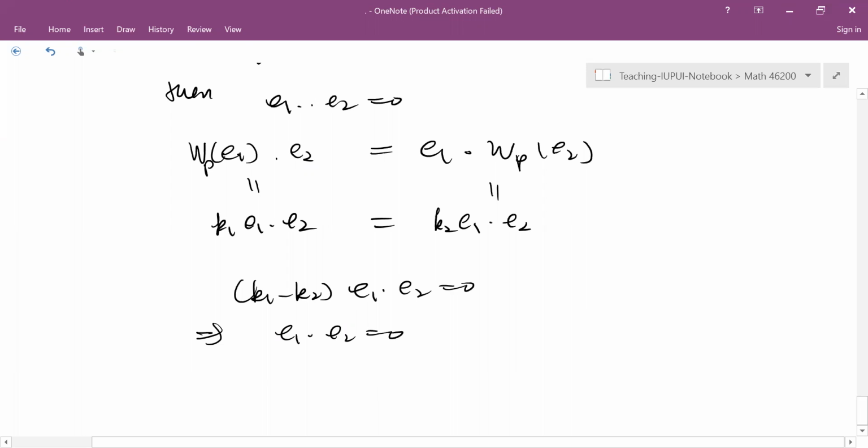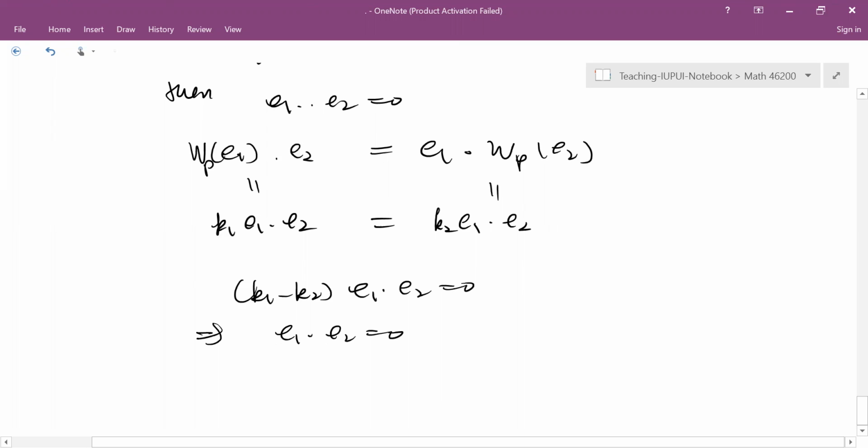If both K1 and K2 are equal, then from linear algebra you can show that the solution space is two-dimensional, so you can find two linearly independent eigenvectors corresponding to the same K. Then you can find a pair of orthonormal eigenvectors.